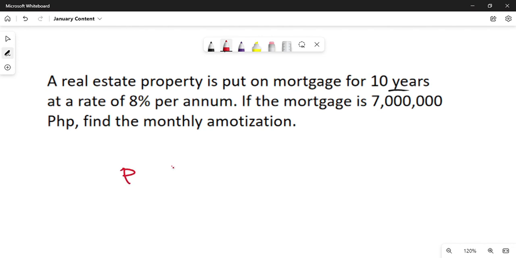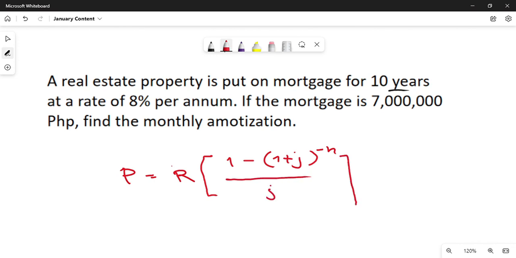P is equal to R times the quantity 1 minus 1 plus j to the negative n, over j. So this is the formula.